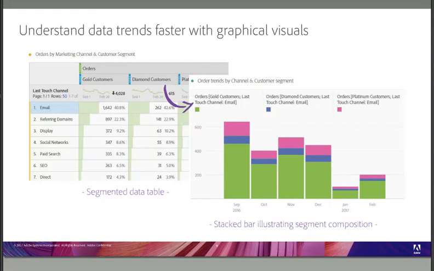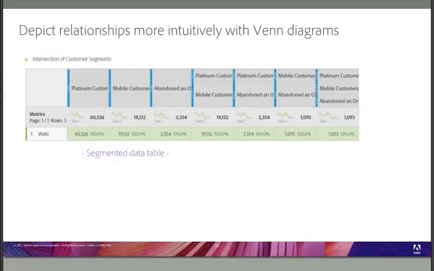As you can see within this visualization, you're able to not only see it broken out across the three different segments of gold, diamond, and platinum, you can also see it trended over time. And when you click over from there, we've got a little more detail that we'd like to show you.